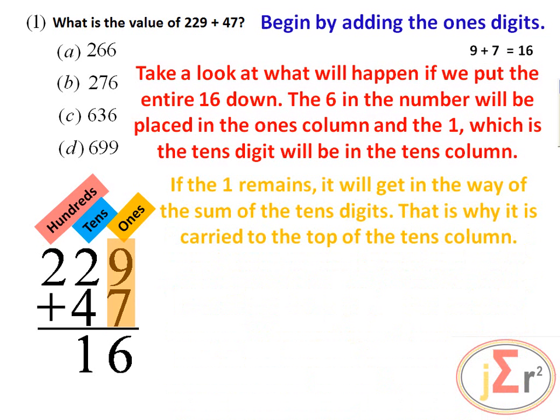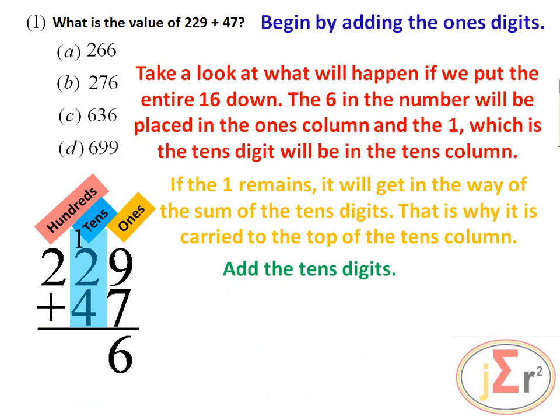If the 1 remains, it will get in the way of the sum of the tens digits. That is why it is carried to the top of the tens column. Alright, it is carried where? To the top of the tens column, so that it does not get in the way of the remainder of the process.